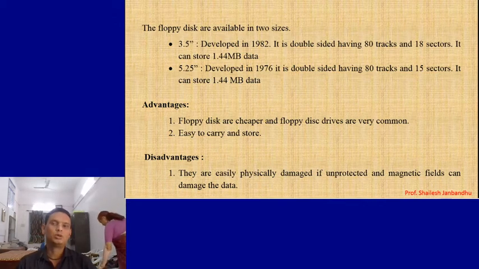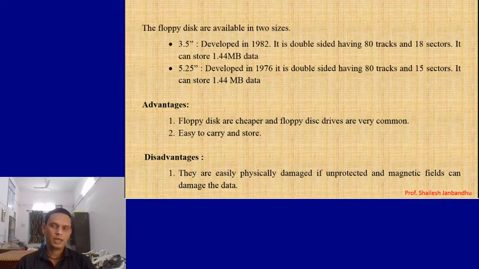It can store 1.44 MB of data. In the same way, the 5.25 was developed in 1976 and it is also double-sided, having 80 tracks and 15 sectors. It also stores 1.44 MB of data.